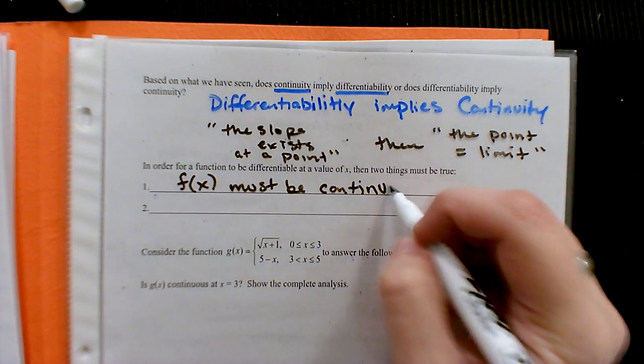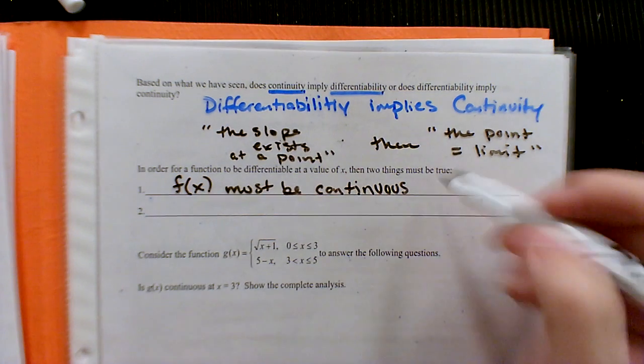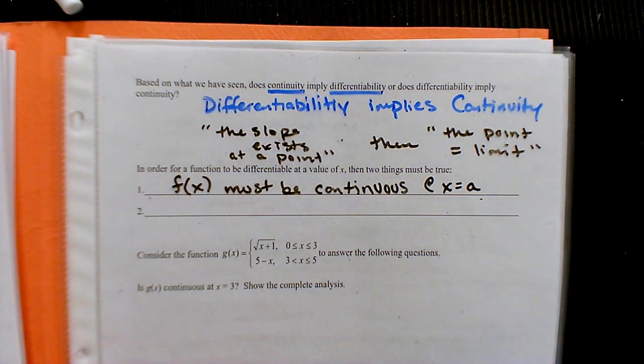No holes, no jumps, no asymptotes. The point equals the limit. Okay, so you're going to check continuity at a specific spot. But in order for you to be differentiable, okay, we're going to have to check the slope from the left and the slope from the right. Make sure that the slope values match as well.